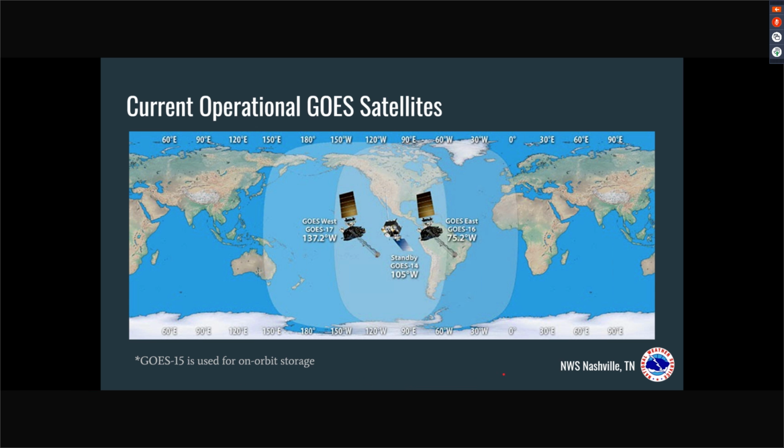Looking over the coverage areas, like I said, GOES East is centered further to the east over the eastern U.S., and then GOES West is located near Hawaii, and showcases a lot of the western U.S. And then our standby satellite, GOES 14, is in the middle of the two, so that if something were to happen to GOES East or GOES West, we do still have coverage from this other satellite. But I will say the advancements between GOES 16 and GOES 17 are so much greater than what GOES 14 had, so we really hope that wouldn't happen.